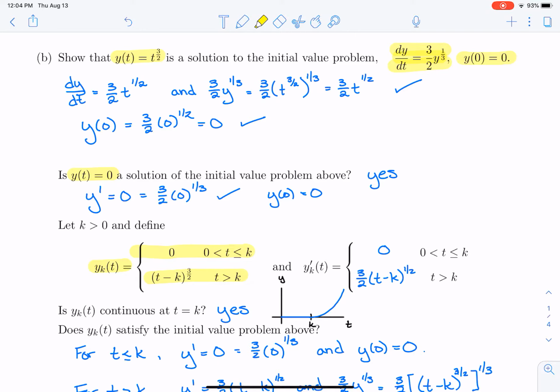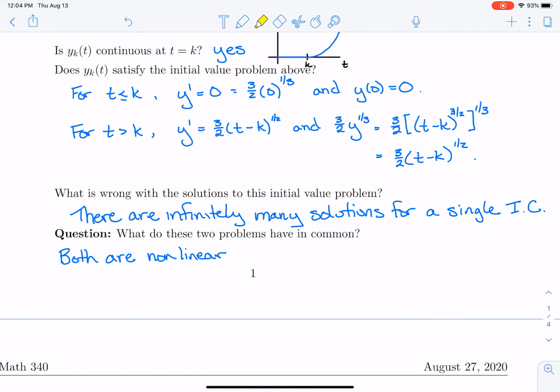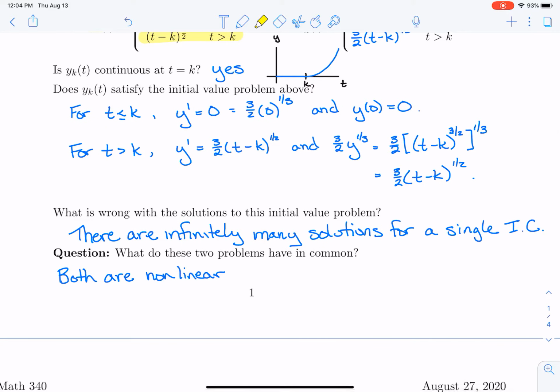And so in each of these cases, we have an issue with the solution to our differential equation. In the first case, the solution did not exist for some times. In the second case, there was a solution, but that solution was not unique.